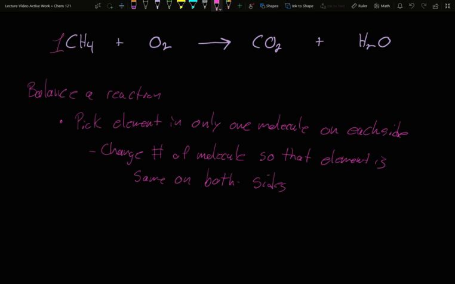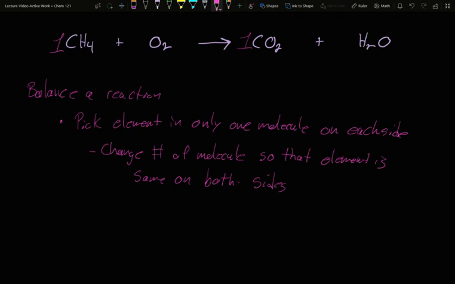I have 1 CH4. Well, that means I have a single carbon. For every CH4 molecule, there's 1 carbon in it. So I have only one carbon on my left. I look over at my carbon dioxide and I say, well, each carbon dioxide has one carbon. So if I only had one carbon dioxide molecule, that would give me the same number of carbons on both sides.